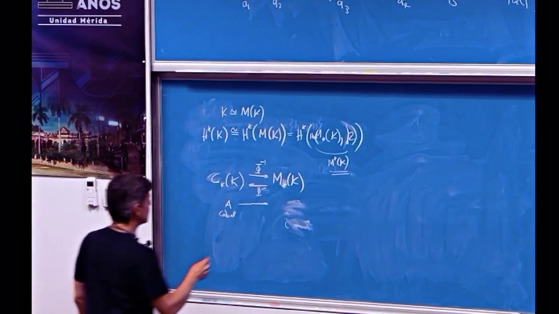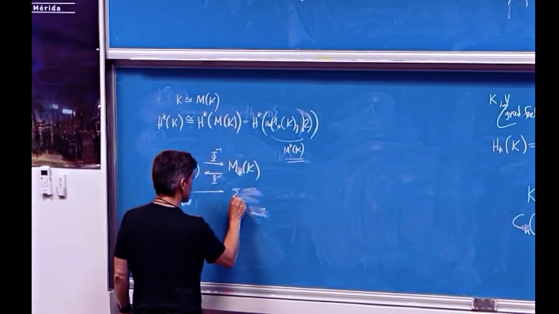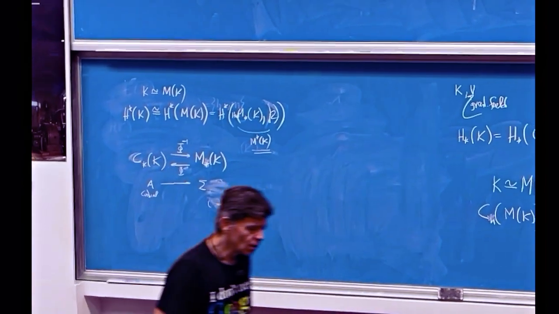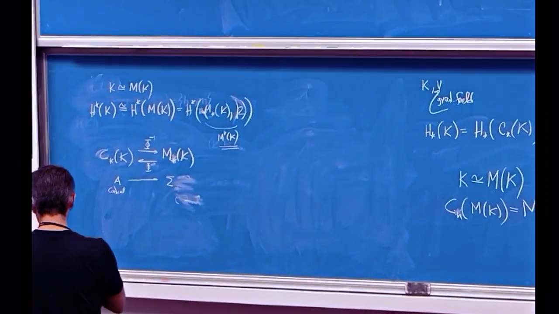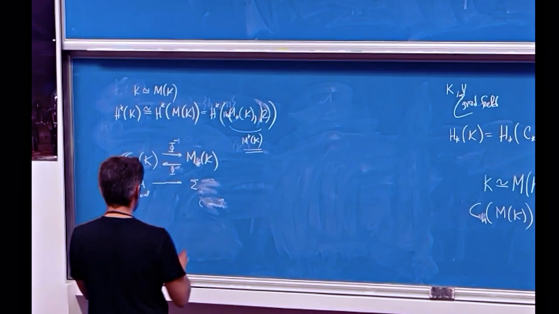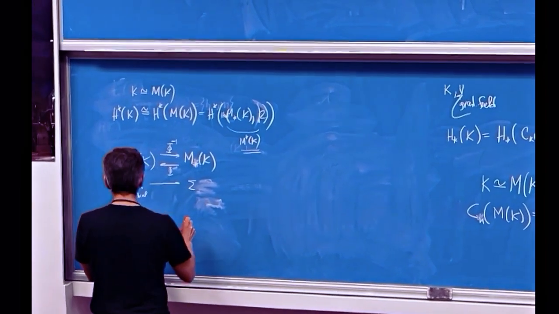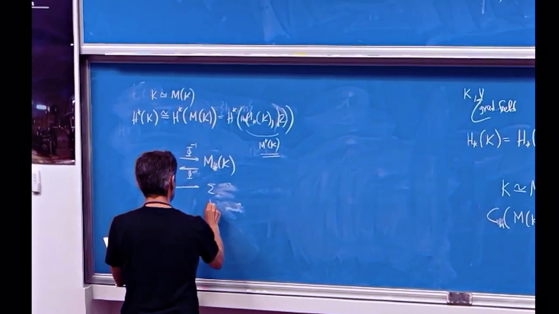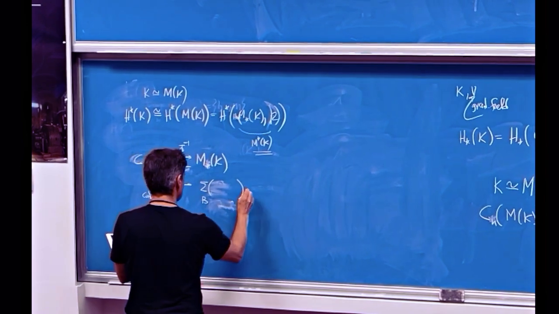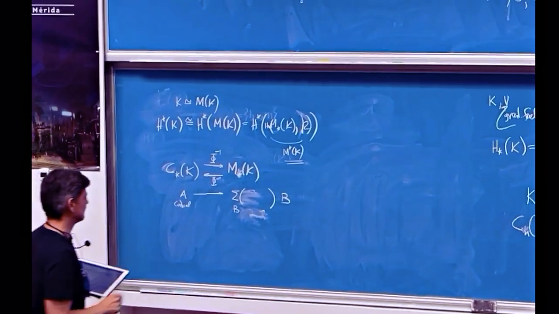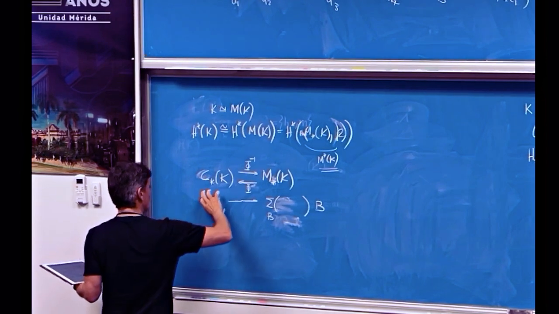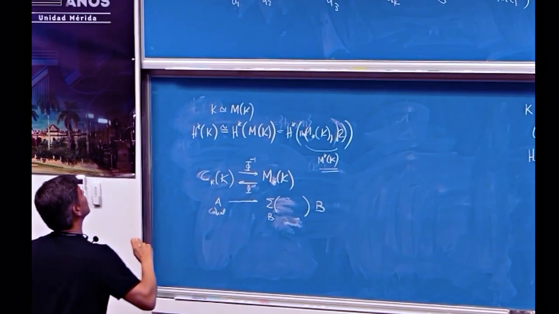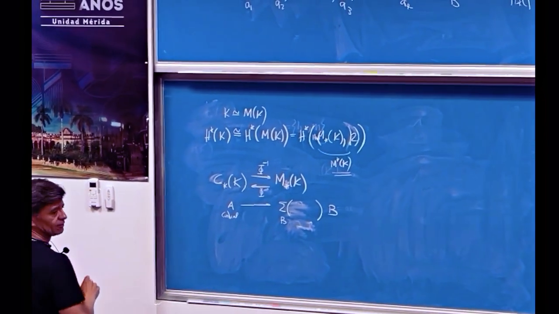So let me send this into the sum of all B. Now B is critical. I want to see how this, when you deform it, hits some critical cell.